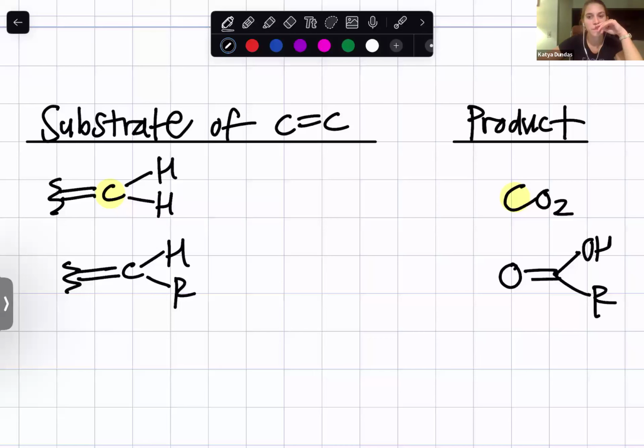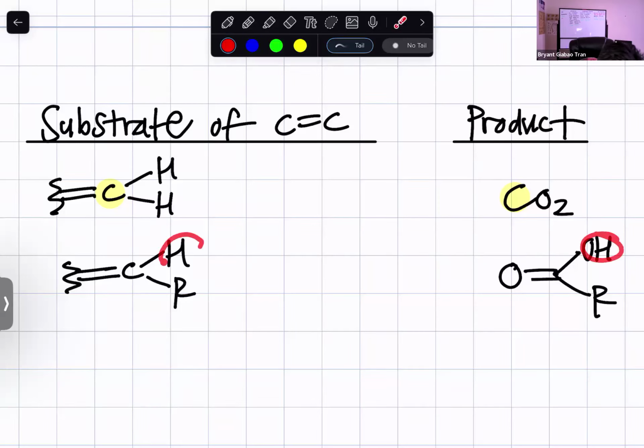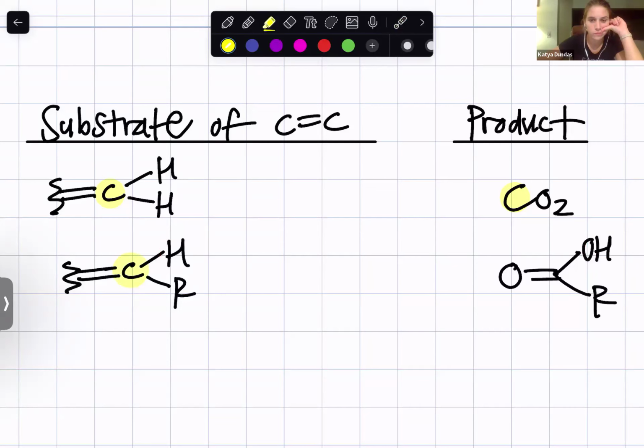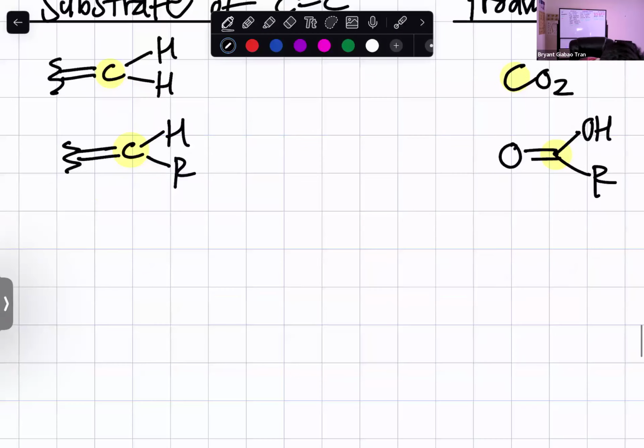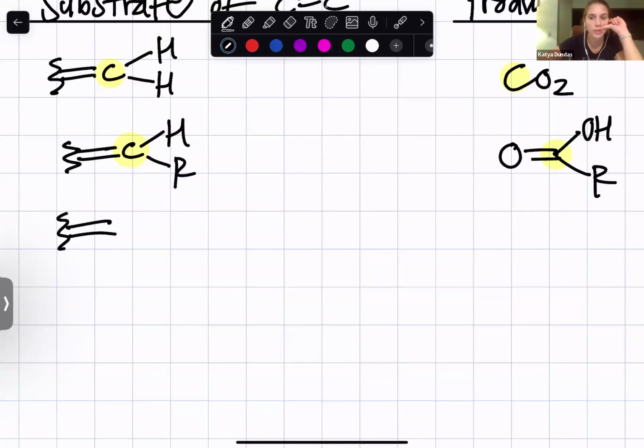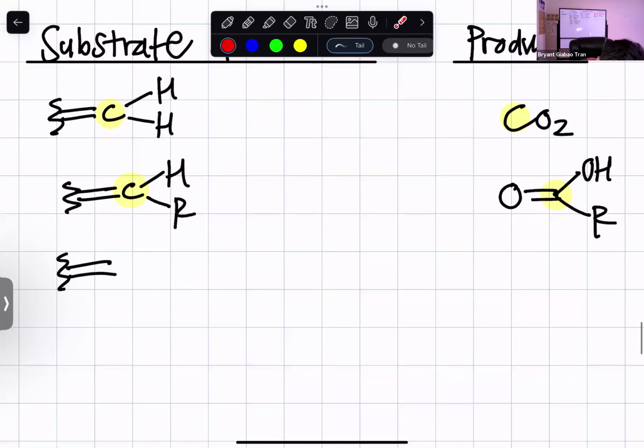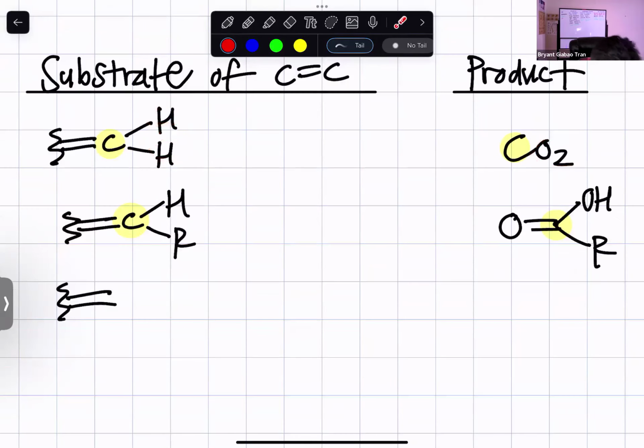The OH would substitute the H in this case, where the C is that C right there. And for the other one, the oxygen is essentially substituting the 2 H's for carbon dioxide. For the top one, the oxygens here are substituting the 2 H's, where the oxygens are double bonded to that carbon right there.